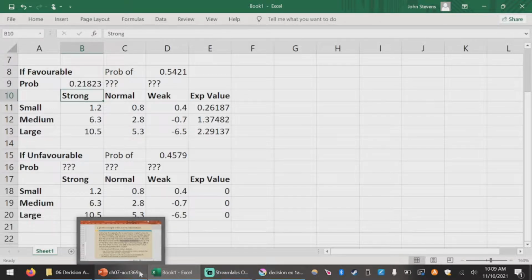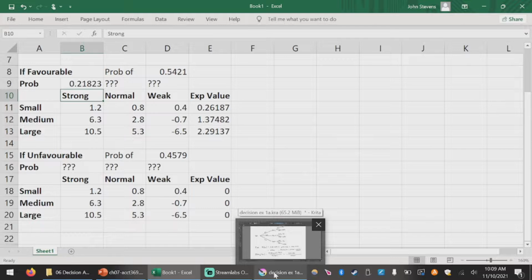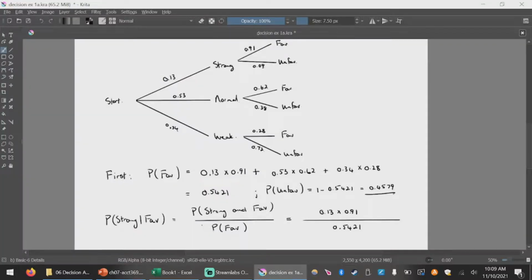Well, then I also have to do the same thing for normal. So this would just be updated to normal given favorable, normal and favorable. So here I would just update that to the corresponding path.